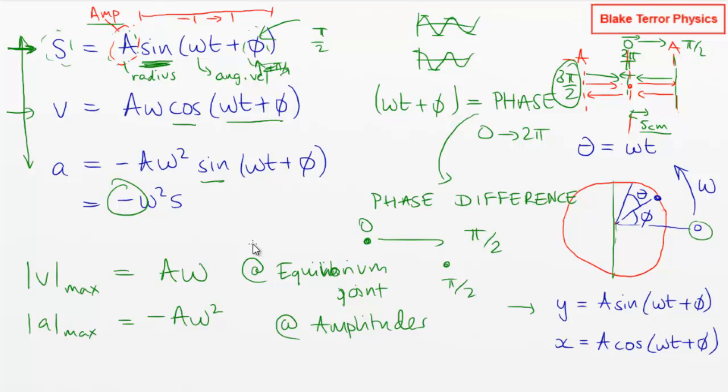Providing you're happy with trig, calculus, and transformations of graphs, because that's all we've done to it. We've added all the transformations in here, the A, the omega, and the phi. Then SHM is simple. There's nothing else you really need to know about this. You've got epically powerful analysis techniques at your fingertips, and it's all because of this link back to circular motion.